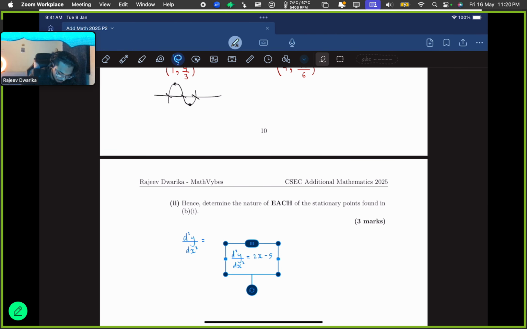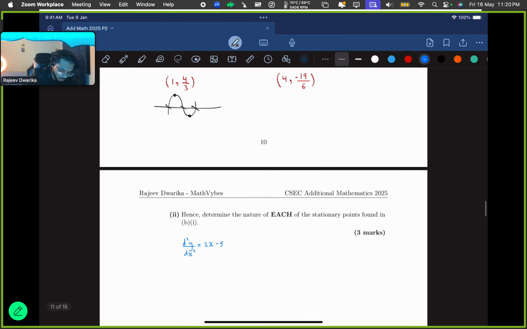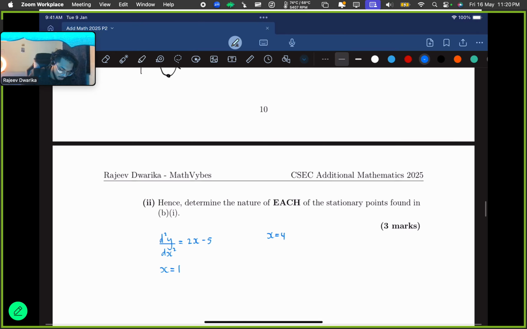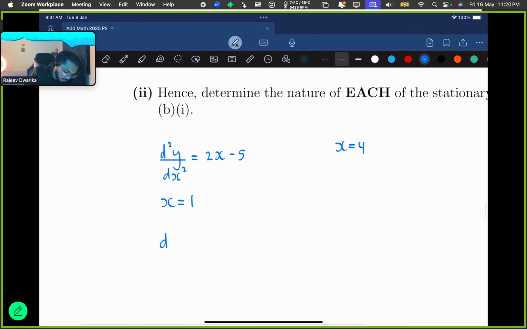So 1 and 4 over 3 is a maximum. We plug x is equal to 1 into that. So that'll be 2 by 1 minus 5, 2 minus 5 is minus 3.